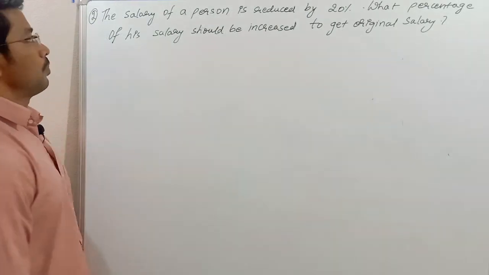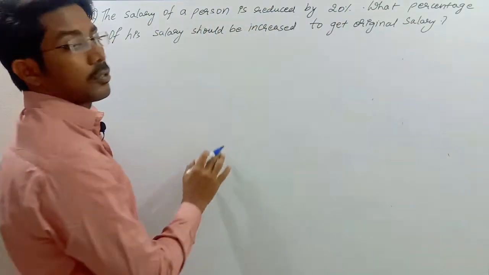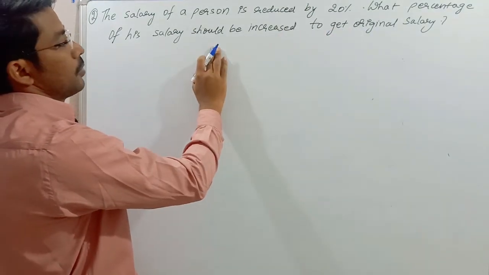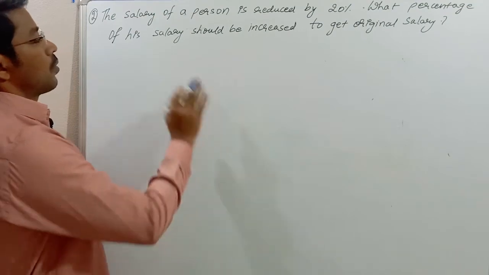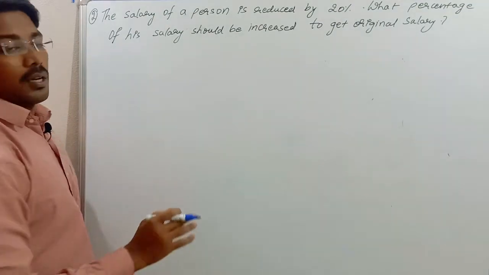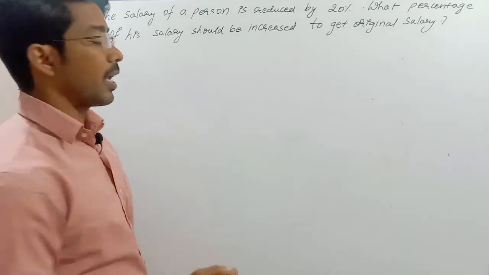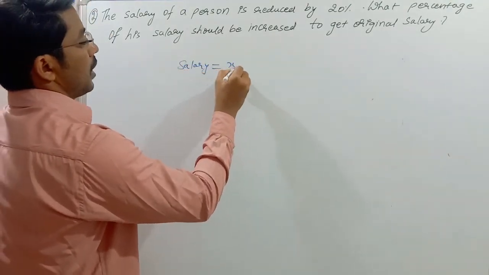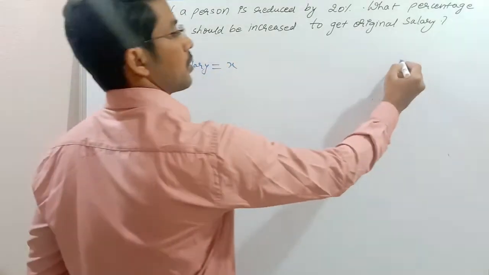Coming to the next problem: the salary of a person is reduced by 20%, and what percentage of his salary should be increased to get the original salary? So here the question says that a person has a certain salary, suppose X. Let the salary of that person be X. This salary X is reduced by 20%.